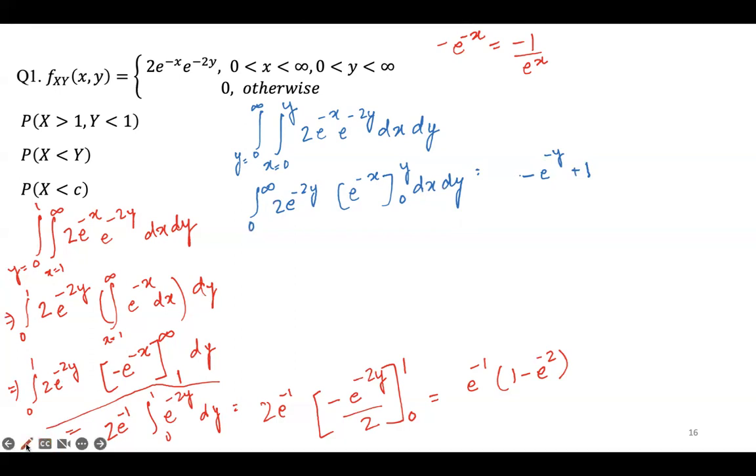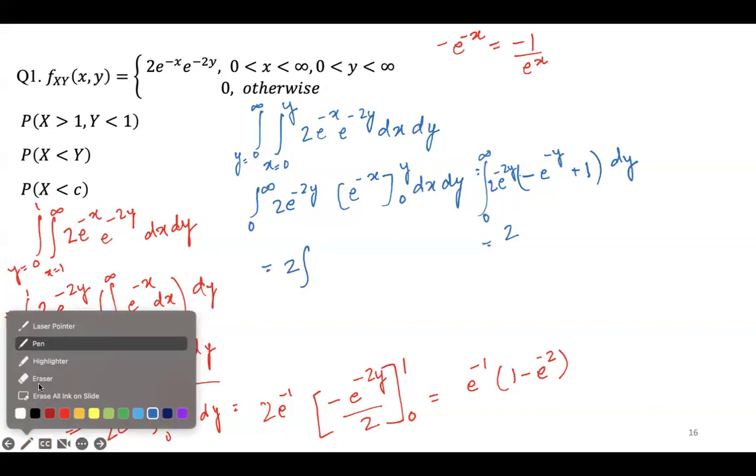So let me write it. Integration from 0 to infinity, 2 e to the power minus y minus 2y dy. We can solve this a little better because now both expressions look very similar. So this 2 can go anyway here.